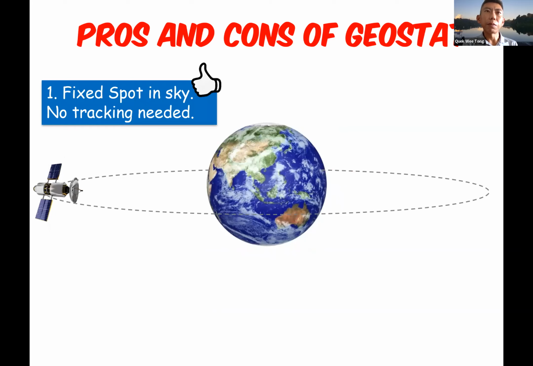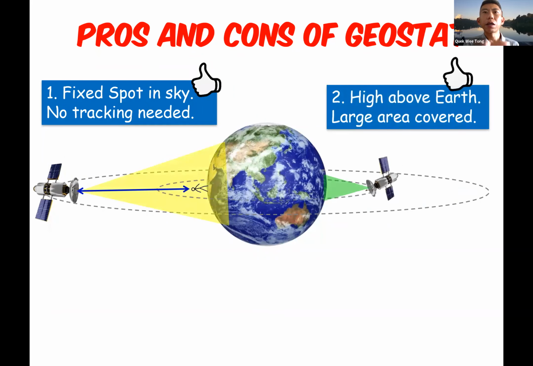What are some of the benefits or applications for geostationary? Let's just go through these points. Well, it's always fixed. You don't need to go and calculate where it is. So once you know it's above Singapore, we have one above Singapore, one above a particular city in India, it'll always be there. And why do we use geostationary satellites? One obvious advantage is because it's far enough.